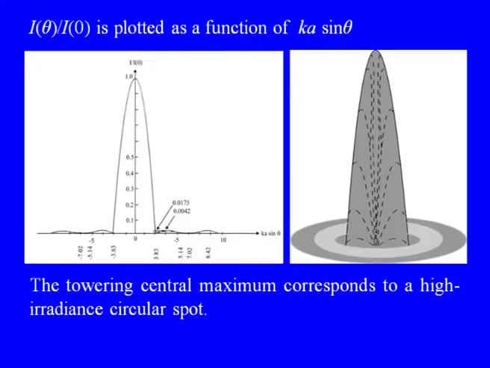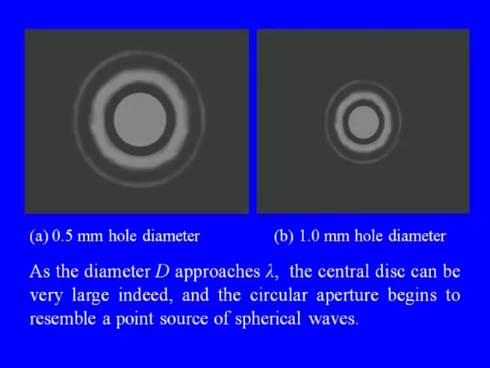In between there is a maximum, similarly a maximum. So, this sort of picture is there, but the essential feature is we can forget about the rings. The main thing is the central disk carrying most of the energy, and the radius of this central disk, which is important. This picture shows that for an aperture diameter of 0.5 millimeter hole, a pattern will appear like this.